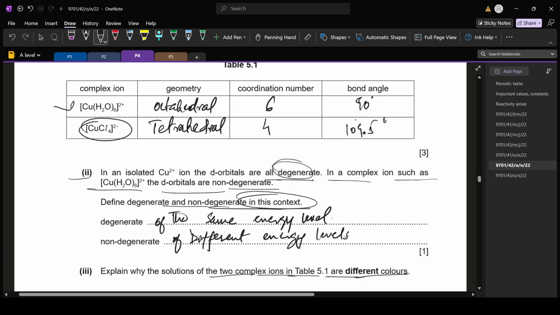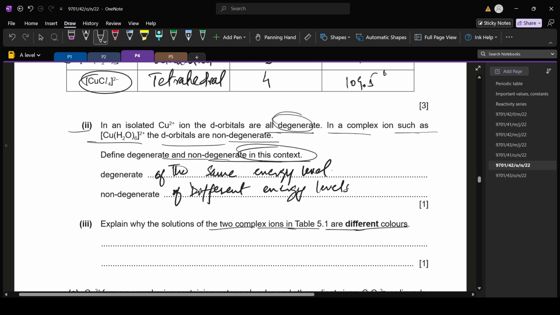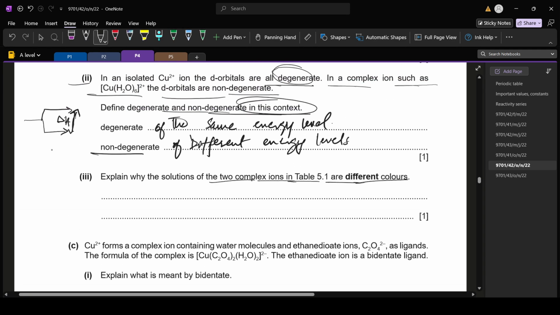Explain why the solutions of the two complex ions in table 5.1 are different colors. Because the color is given by the energy change between these non-degenerate orbitals. The degeneration occurs like this, and this is the energy gap, and the complementary color is given. The wavelength or frequency of light which is absorbed by the electron is also different, so the complementary color given will be different.